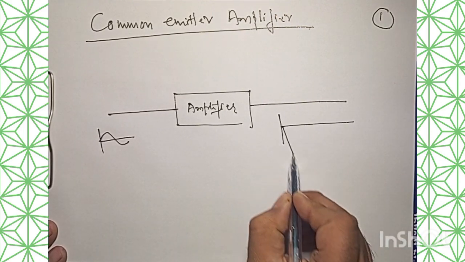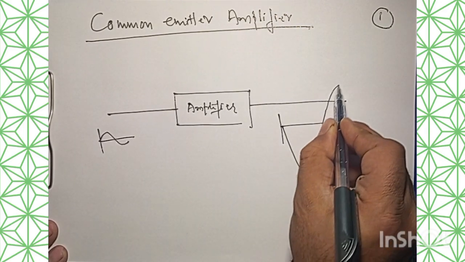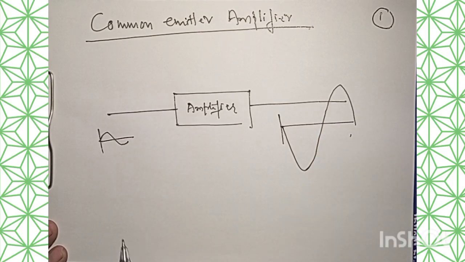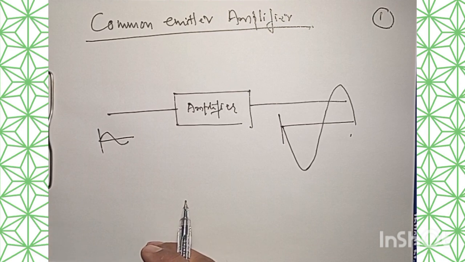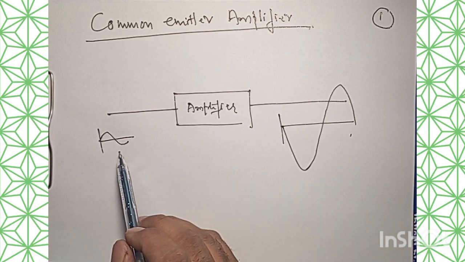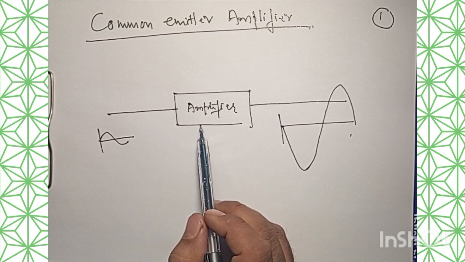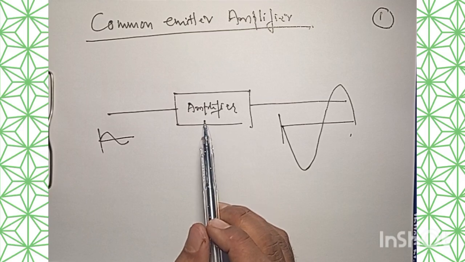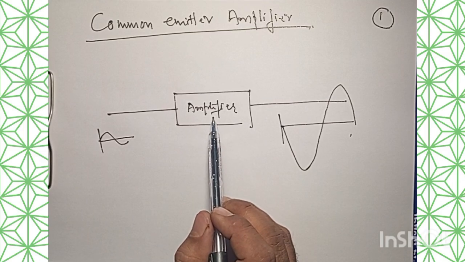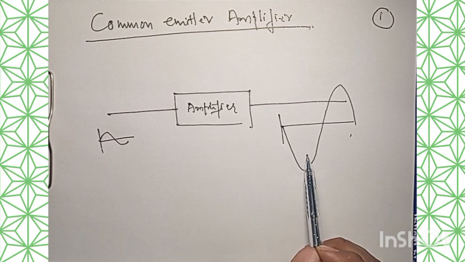So it will be amplified, and at the same time, its amplitude will be increased. So we have the weak signal as input, and this weak signal is fed to the amplifier, which in turn amplifies the signal, and we get the output signal of large amplitude.